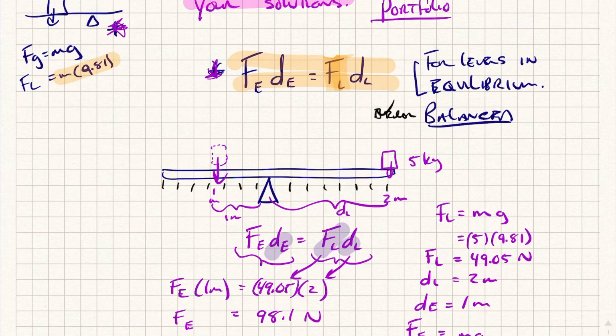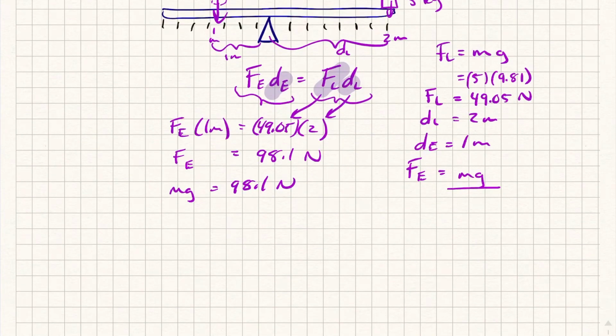And we know that effort force is equal to weight, or the force due to gravity, which is mg equals 98.1 newtons. And I chose my numbers here to make life a little bit easier for us. We know that little g is 9.81.